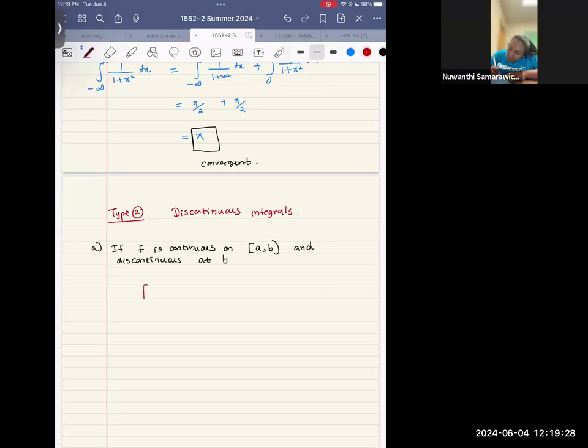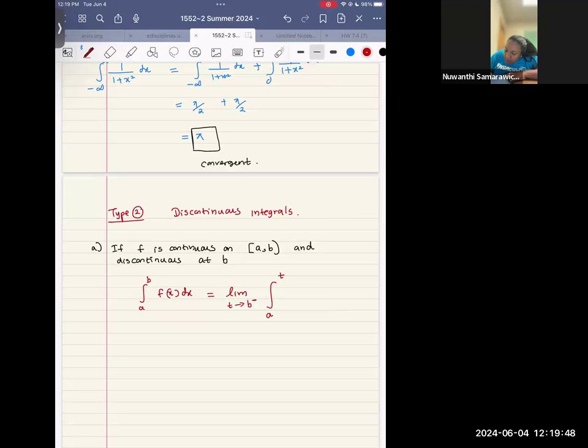Then we have the integral from a to b of f(x) dx, which is equal to the limit, t goes to b negative, of the integral from a to t of f(x) dx.